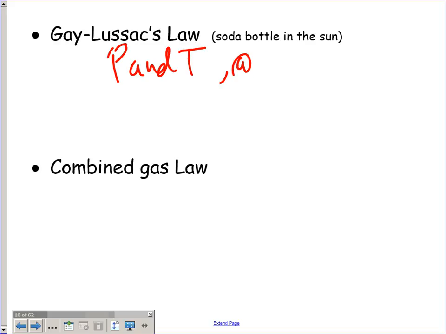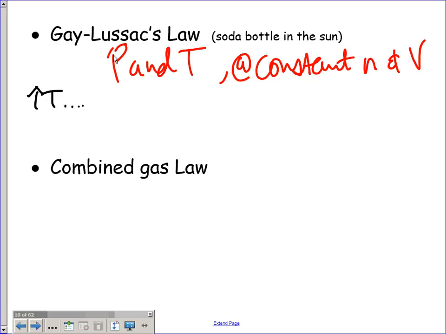At constant moles and volume. Okay, so talk to me on logic. Is my temperature going to increase my pressure, or is my pressure going to increase my temperature? Who do you think causes what? Temperature definitely is the independent variable, whereas pressure is going to be the effect. So if I increase temperature, what's going to happen to my particles? Faster. They have more kinetic energy, so they start speeding up.